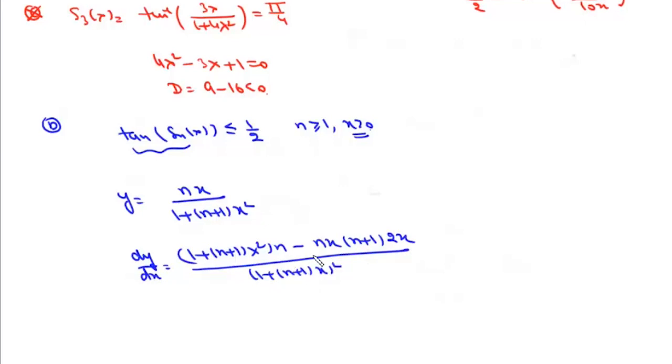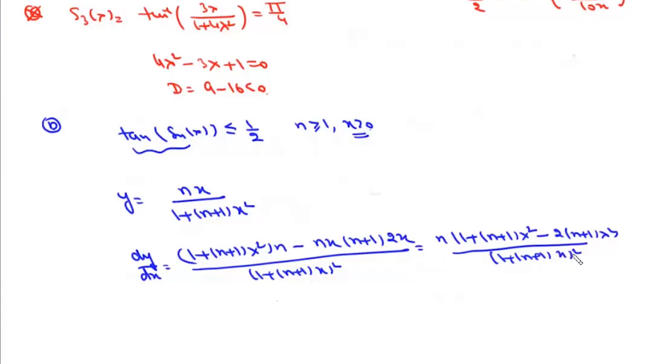Now here we'll take this n common, then we can write 1 plus n plus 1 x square, and here will be minus 2 n plus 1 x square upon 1 plus n plus 1 x whole square.